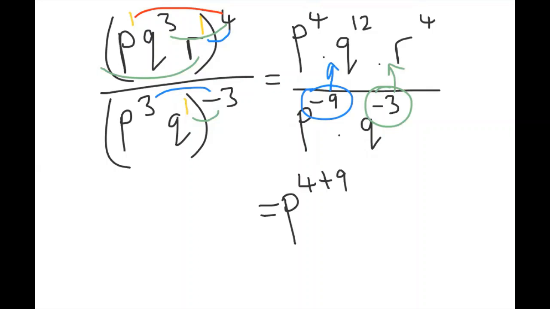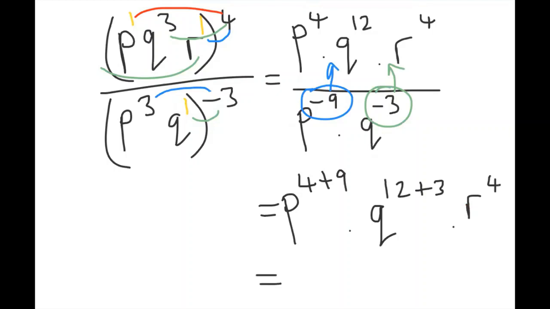If I take the minus 9 to the top, it becomes a plus. Then we have a Q to the 12 plus 3. And then we have the R. So I took this minus 9 to the top, it becomes 4 plus 9. The minus 3 I took to the top, and it becomes 12 plus 3. And the R, there must still be a 4 over there.